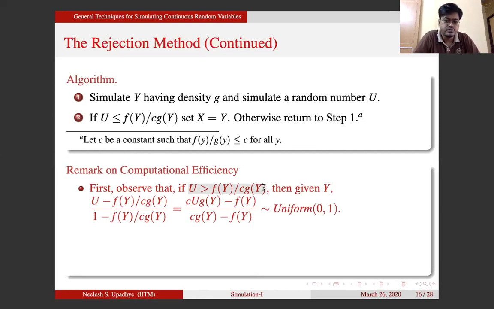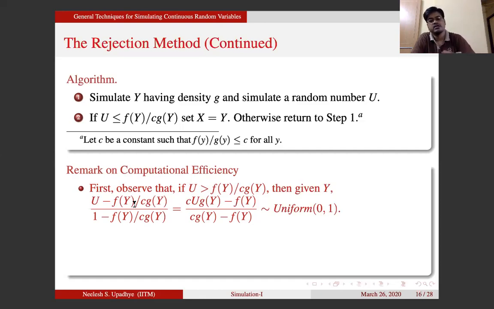So now instead of throwing away this random variable, use your iteration of Y and get the value of f(Y) by c g(Y), and subtract it from U, that is U minus the constant f(Y) by c g(Y). Now if you look at this random variable, it will be just a translation of a uniform random variable from (0, 1) to some other interval of unit length.